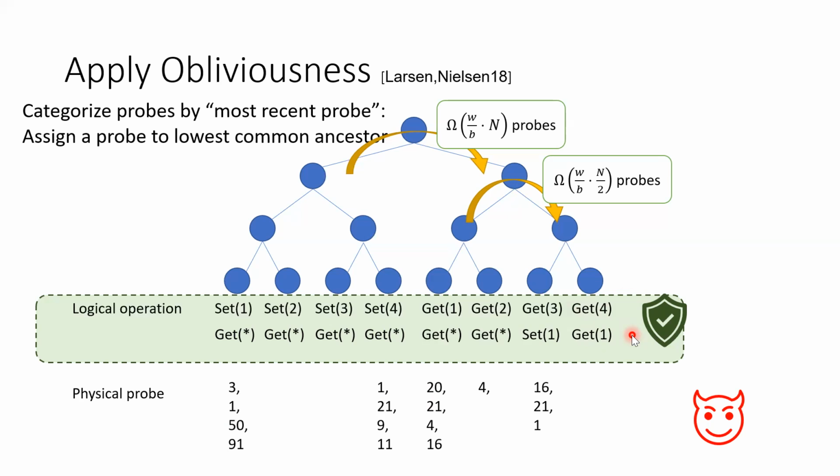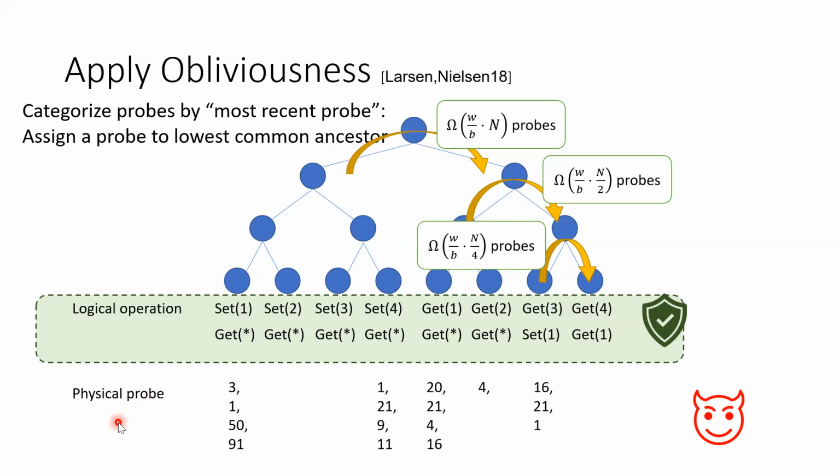It's the same. We can switch from the root to the right child, or from the root to another internal node, and then argue they have to be assigned a linear number of probes at the same time for the same physical sequence. And that's just because, by the security, all these logical sequences have the same distribution of physical probes.